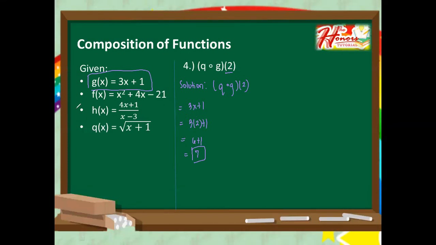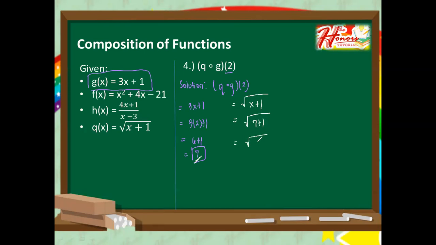And then the second thing that you have to do now is to substitute this one from the equation of q. So for q of x, we have here the square root of x plus 1. And then what is x based on this? That's 7. So that is 7 plus 1.